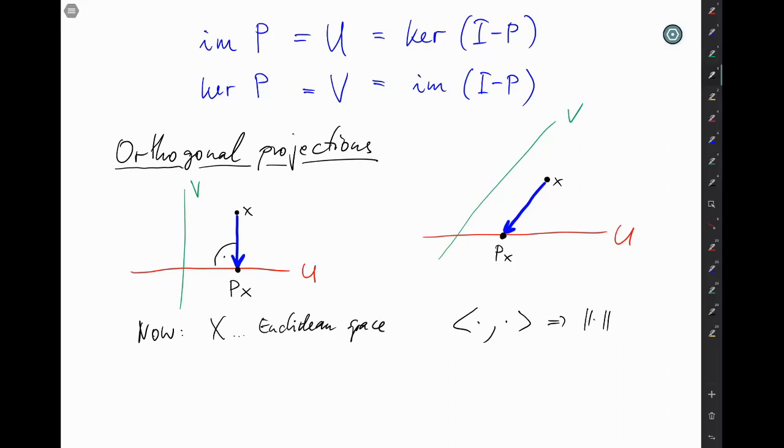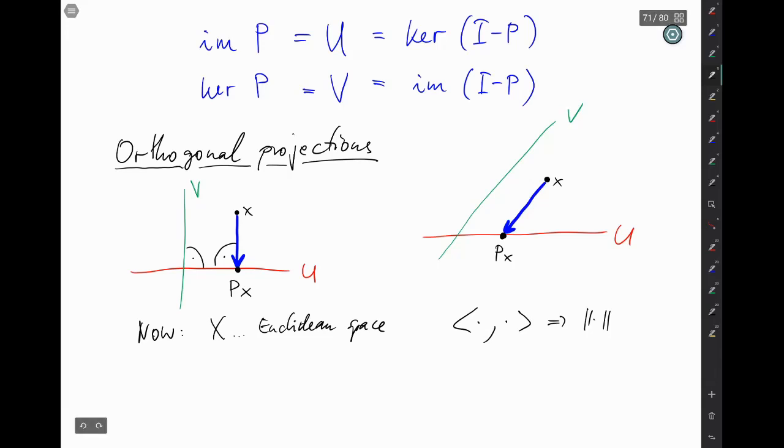Now in this whole geometric setup, you could of course start by taking two subspaces U and V, where every little u and every little v have a scalar product of 0, so these spaces are orthogonal to each other, and then tell the whole 20-minute story to arrive at a projection that will then be an orthogonal projection.